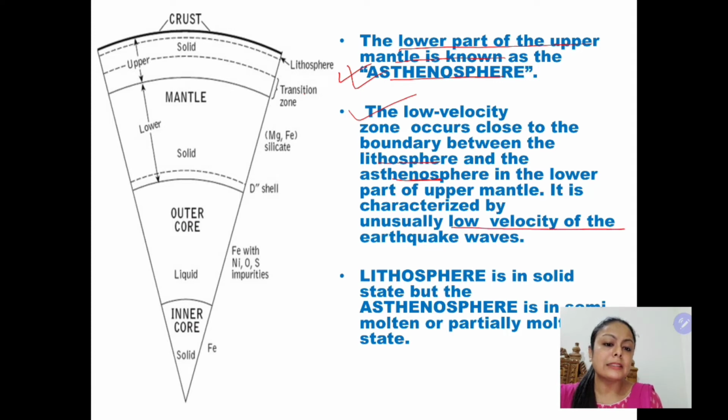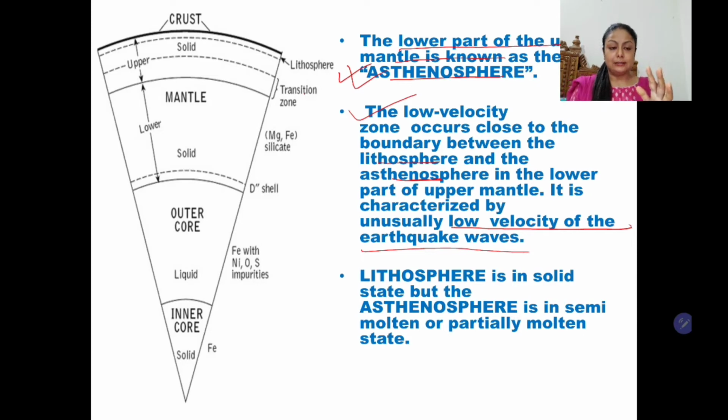When the earthquake waves travel through solid and then suddenly they experience a layer where it is not solid, rather in molten state. So definitely the density changes. So the velocity of the earthquake waves also changes when the nature of the rocks changes from solid to molten state.